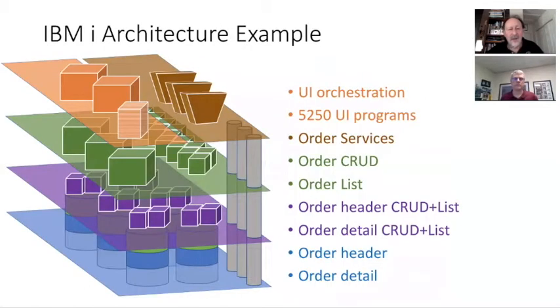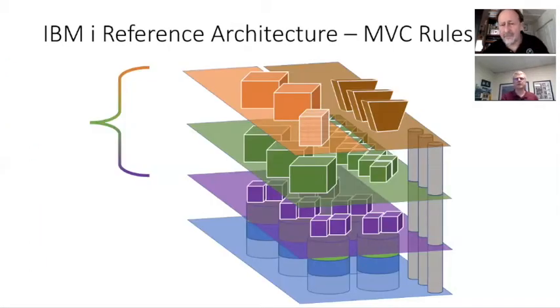Yep. So here's an architecture example. I'm sorry, getting back to MVC for one second. When you talk about MVC, we should probably clarify that the reference architecture here is a combination of data and business logic, as opposed to just data access or something like that.